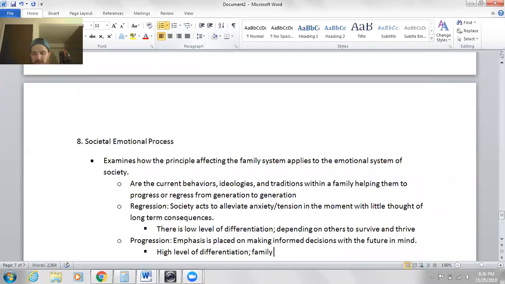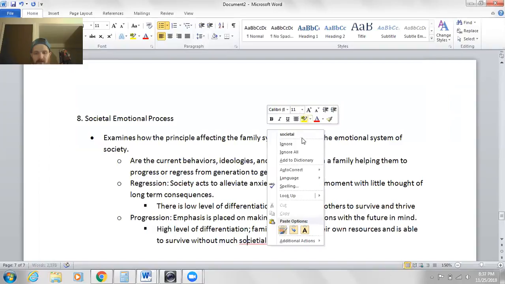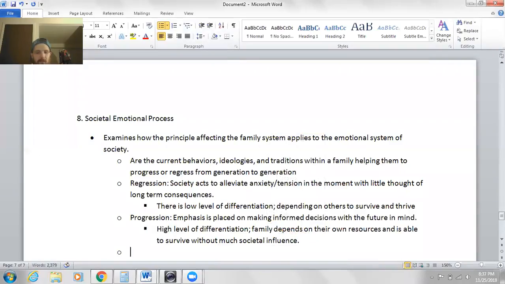Family depends on their own resources and is able to survive without much societal influence. So they're able to do things on their own and advance themselves.